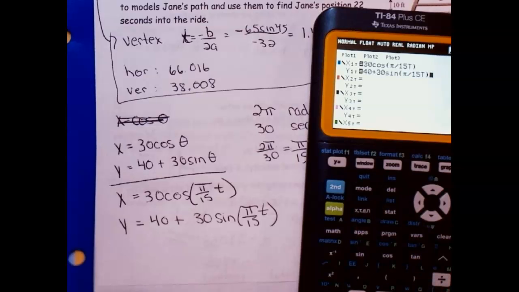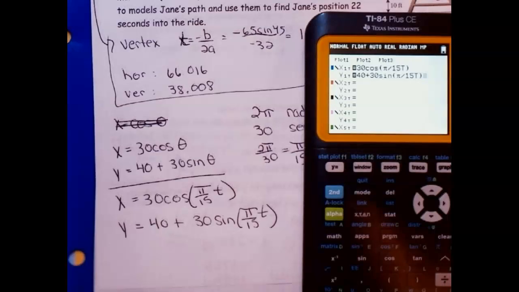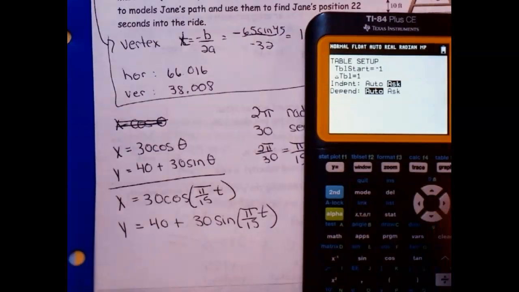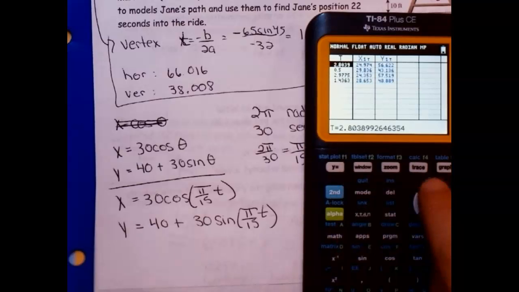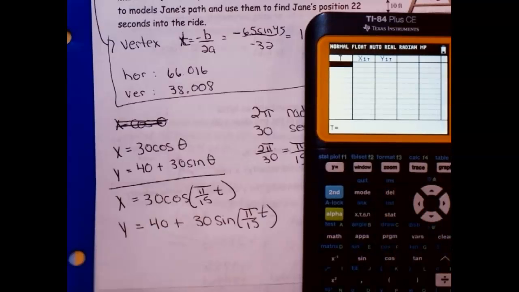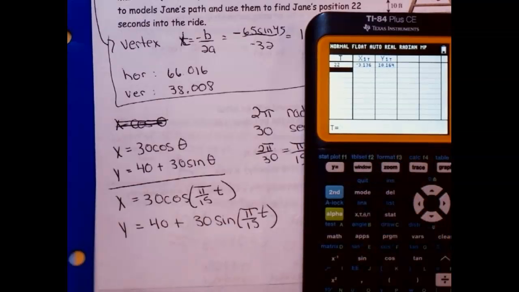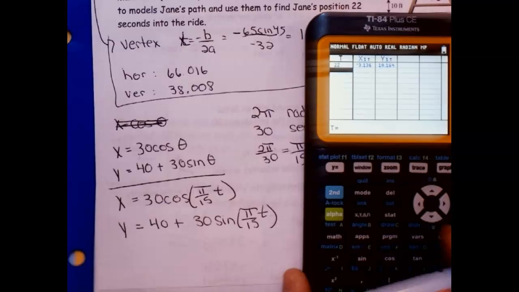And again, we want to know 22 seconds in. So I'm going to go into my table. It's already set up on Ask. Let's clear out all of these other ones, which are from other equations, and we have a time of 22 seconds, and it gives me my x value and my y value as well.